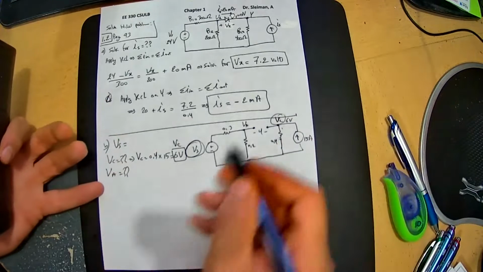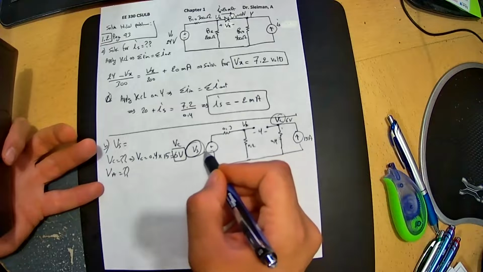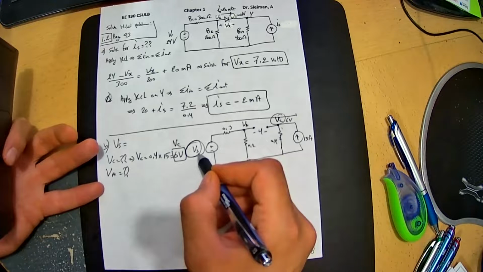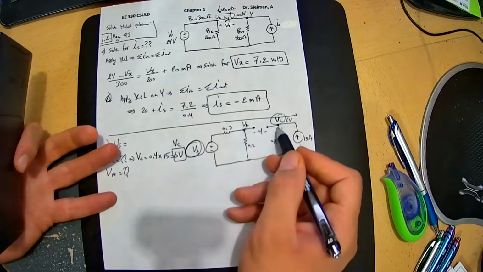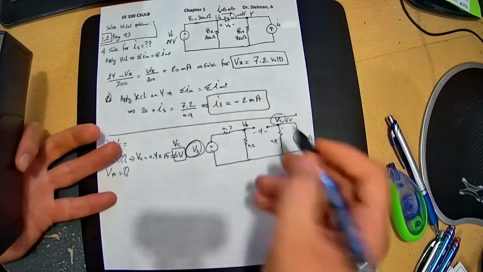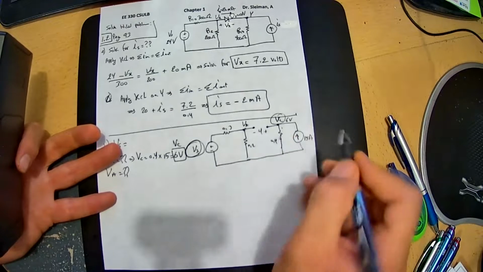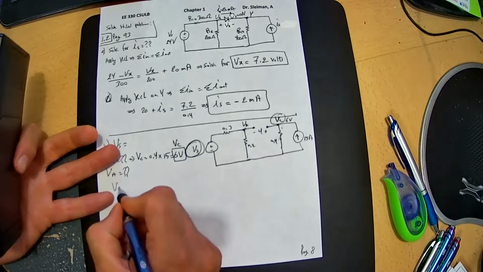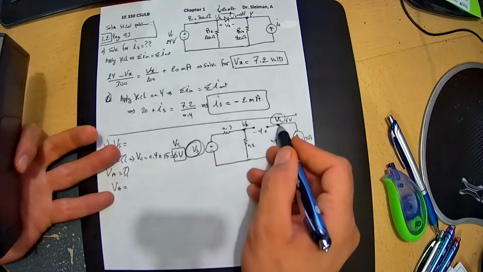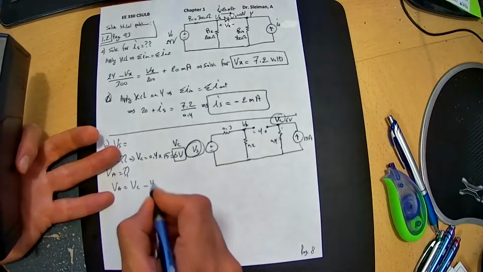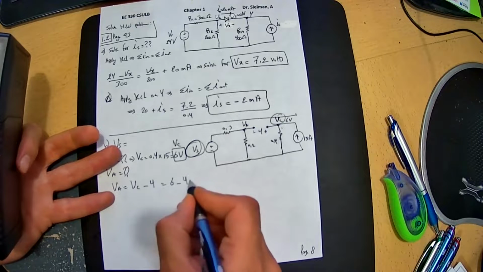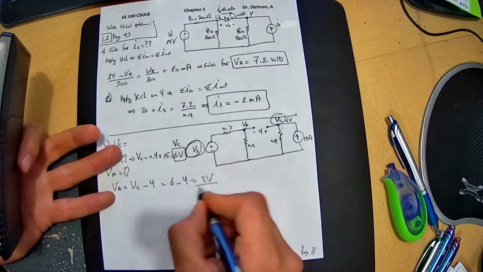Now we need VA, and VS is in question. There's a voltage between them, positive here. So VA is equal to VC minus 4, which is 6 minus 4, which is 2 volts.